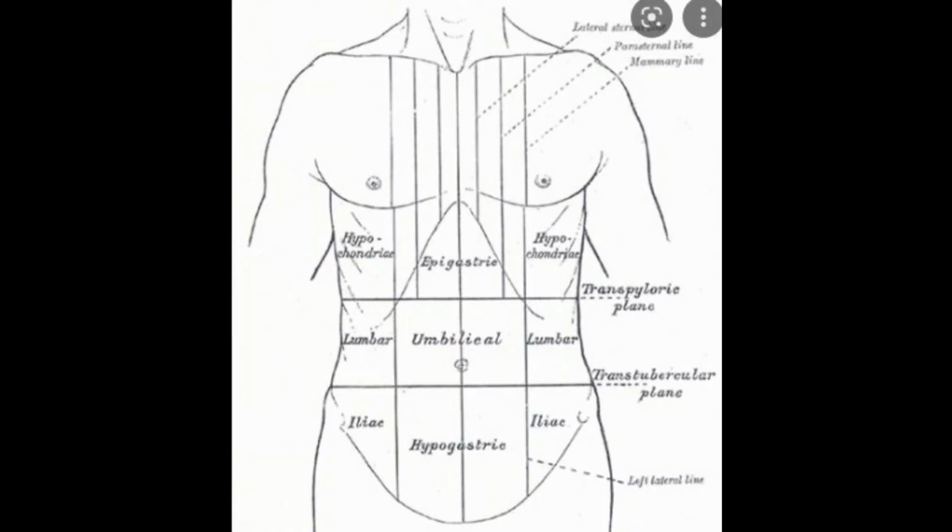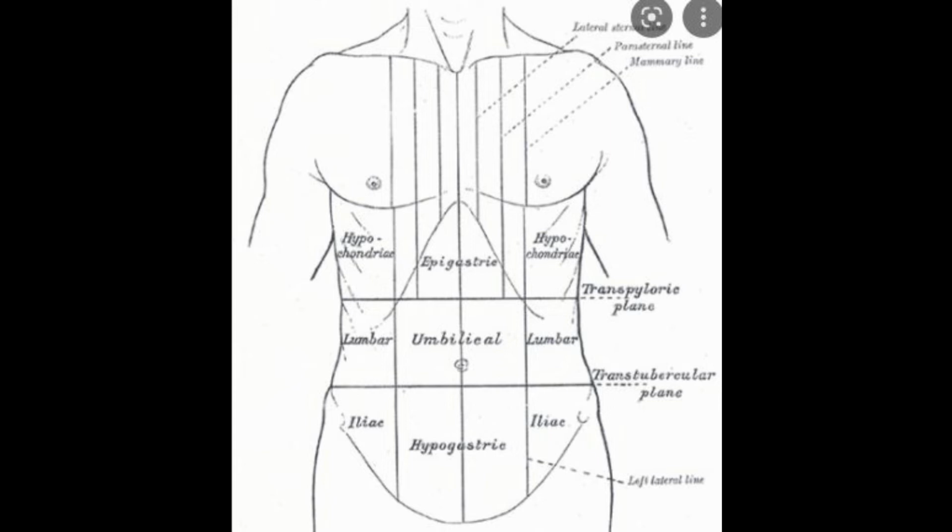As a routine, we can split the abdomen into 9 portions by drawing 2 imaginary horizontal lines and 2 vertical lines. Here the upper horizontal line joins the lowest points of the costal margins, at the level of L3, and the lower horizontal line joins both sides of the iliac crest.